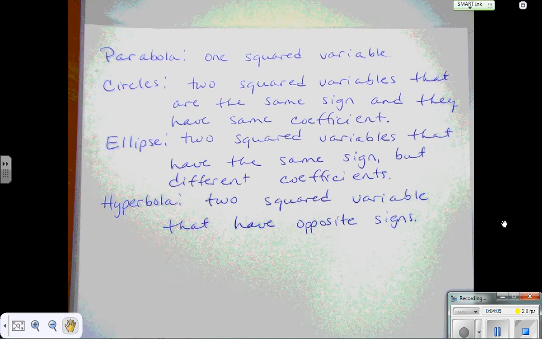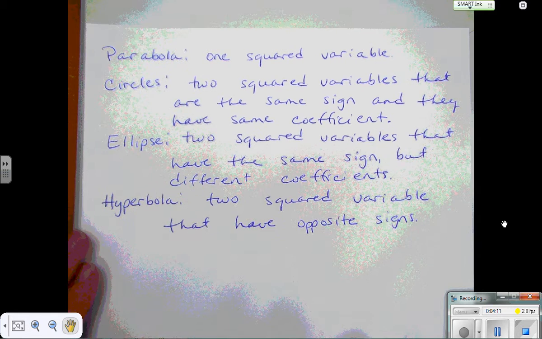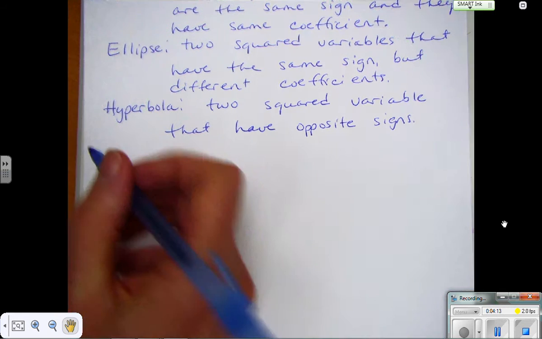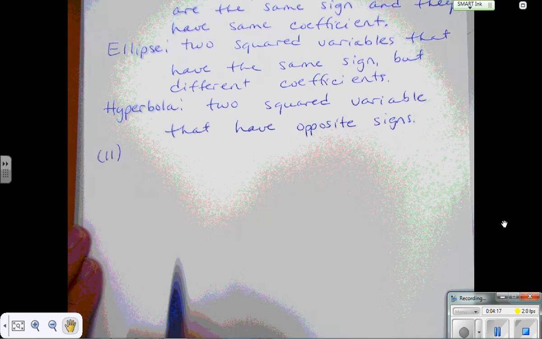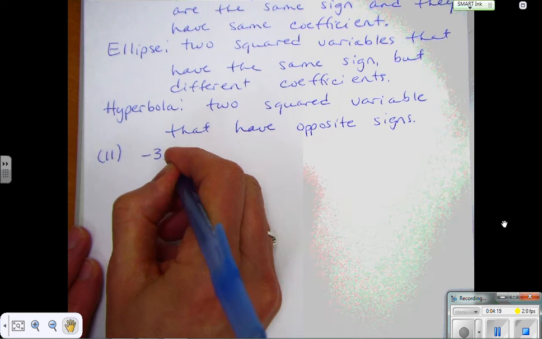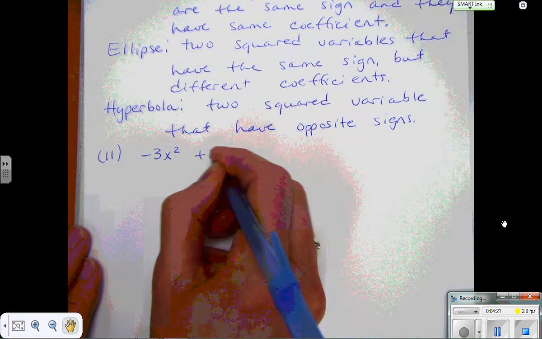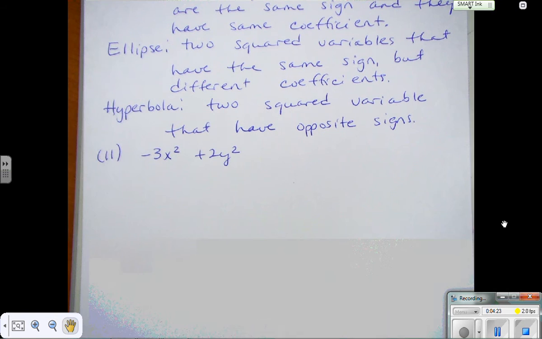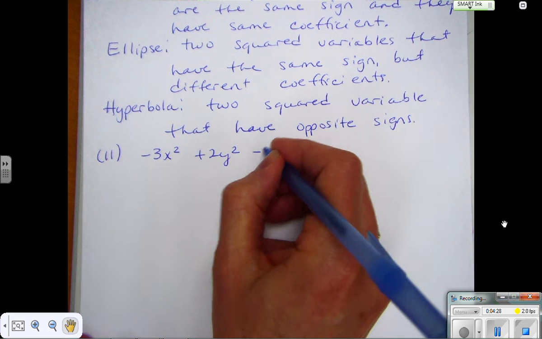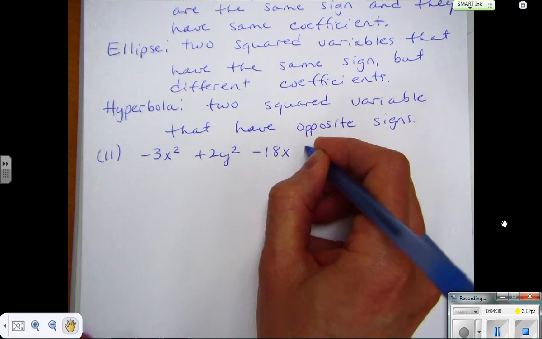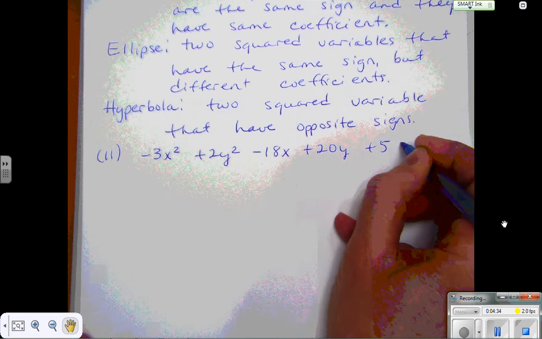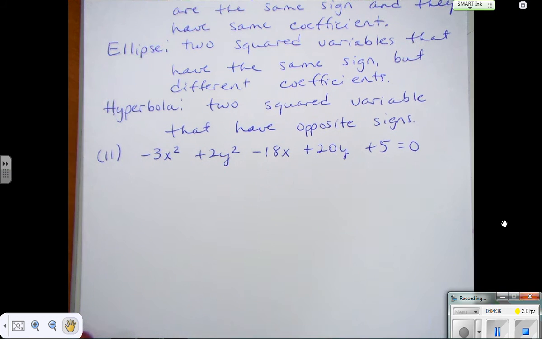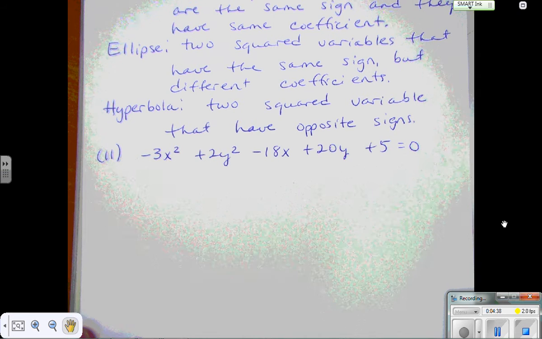Okay, so let's do an example. Let's do number 11 for an example. We're going to write this in standard form and then graph it.